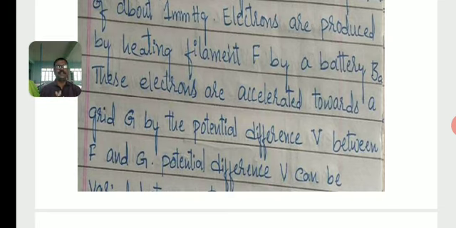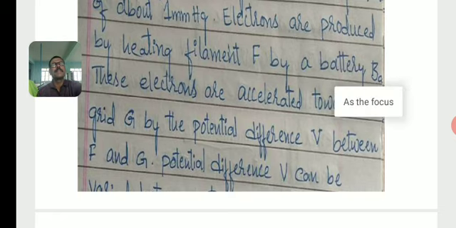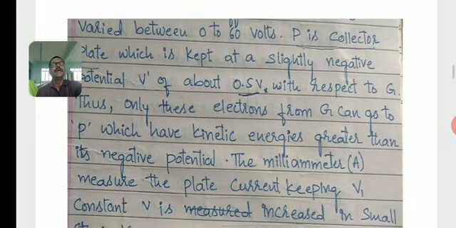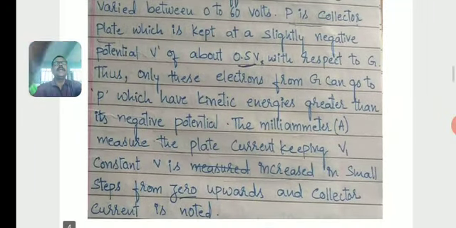That means a potential difference V is applied between the filament F and the grid. When the filament is heated, it liberates electrons, which are accelerated towards the grid G by the potential difference V between F and G. The potential difference is varied from 0 to 60 volts.